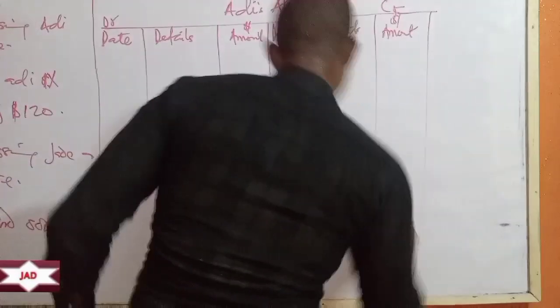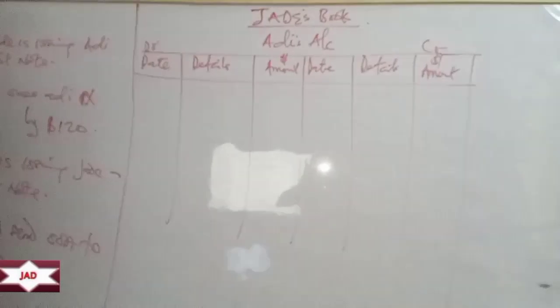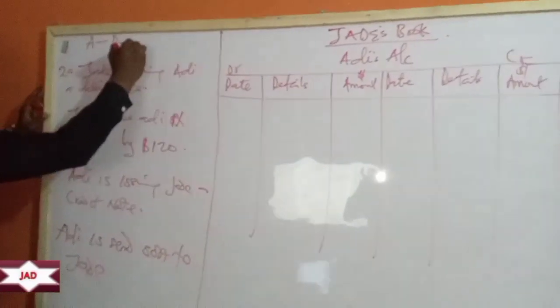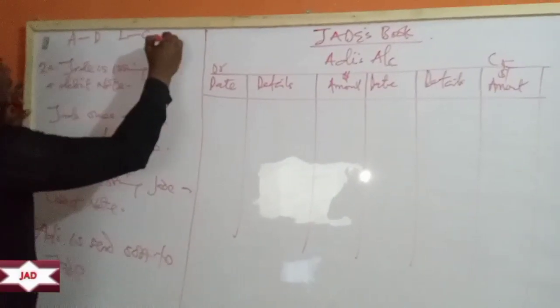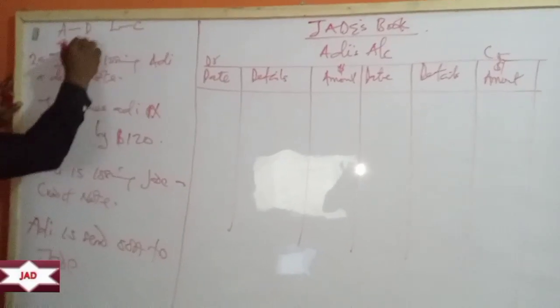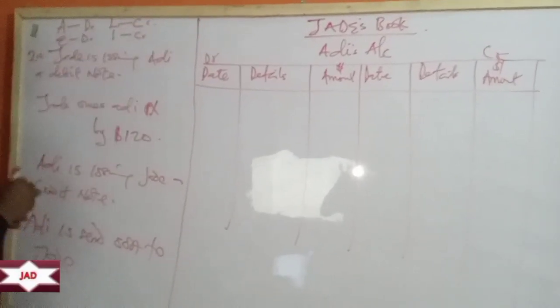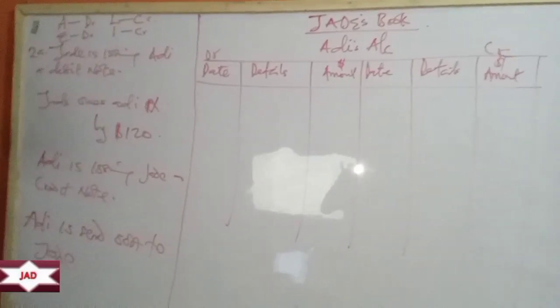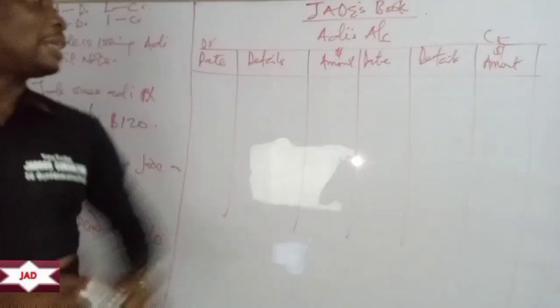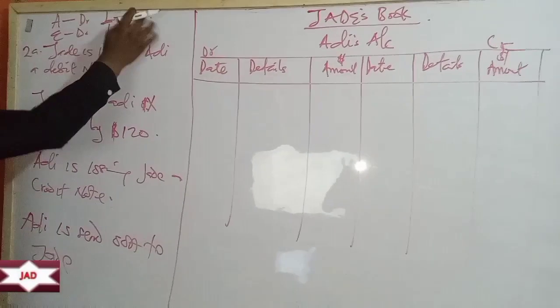Remember, this is a creditor's ledger, so you have to know your balancing. I've already taught balancing. Remember what we say: assets have debit balances, liabilities have credit balances, expenses have debit balances, incomes have credit balances. So from Jade's perspective, Adi is a creditor, and creditors are liabilities, so they have credit balances.